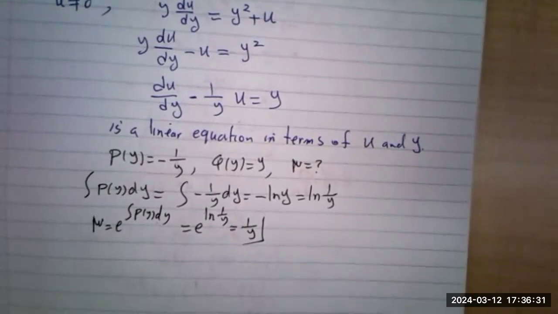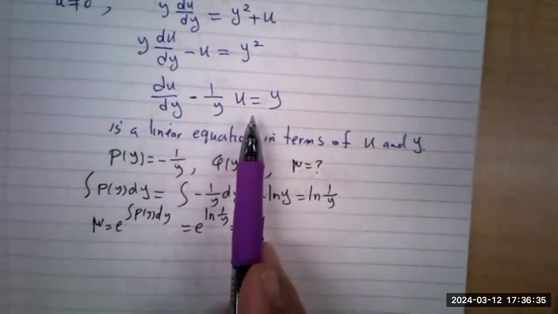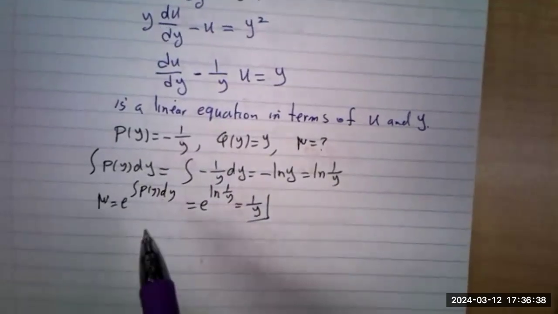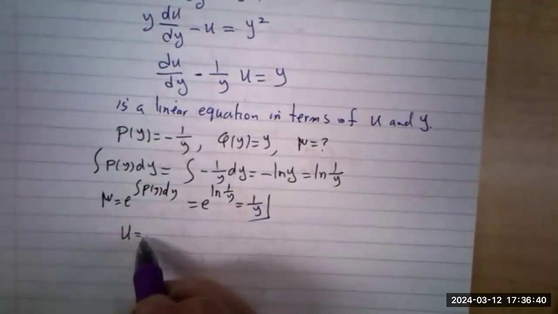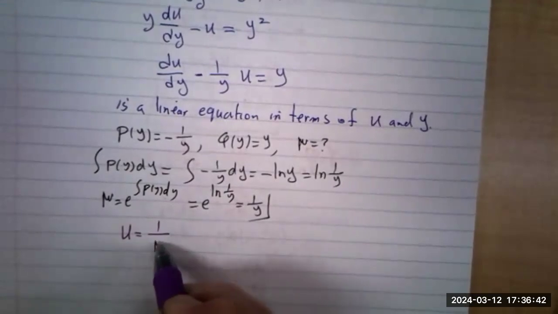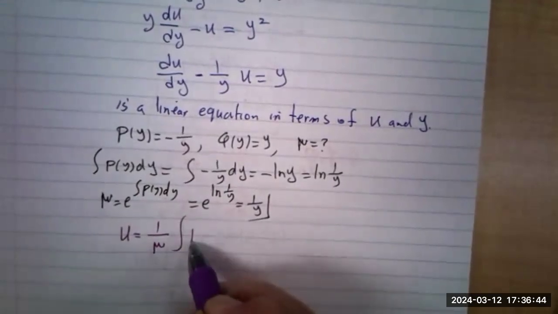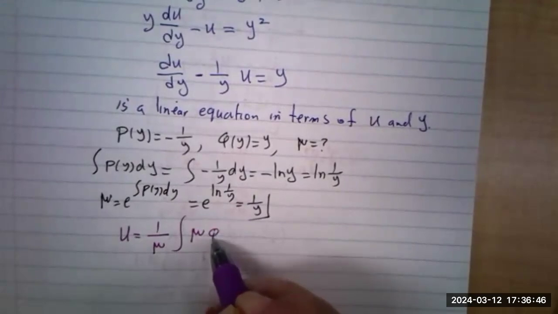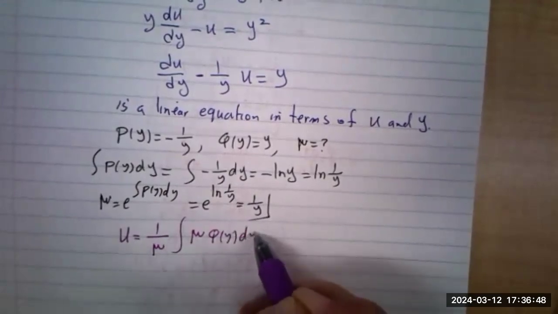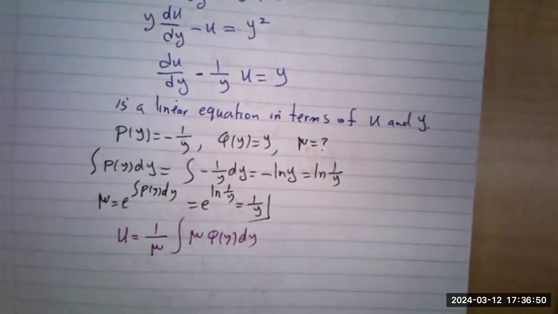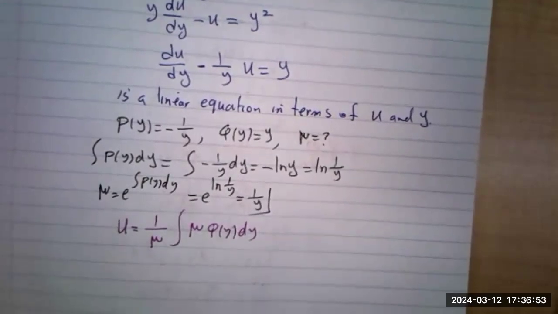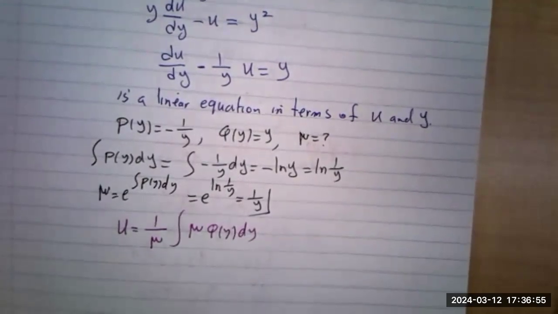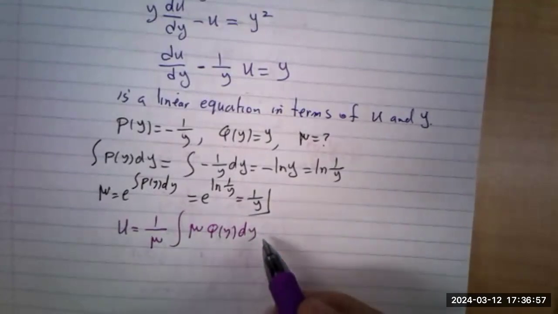Now the solution of this linear equation, but remember your linear equation is u in terms of y. So the solution would be u equal to 1 over mu times the integral of mu times q of y dy. So your variables are consistent with the format that we have. It would be an easy integral to find.